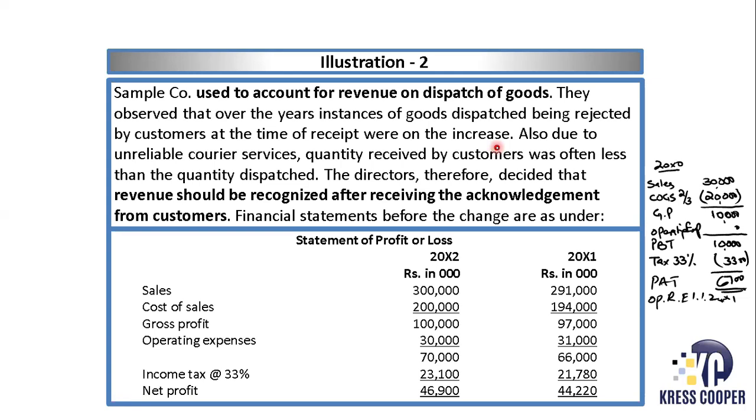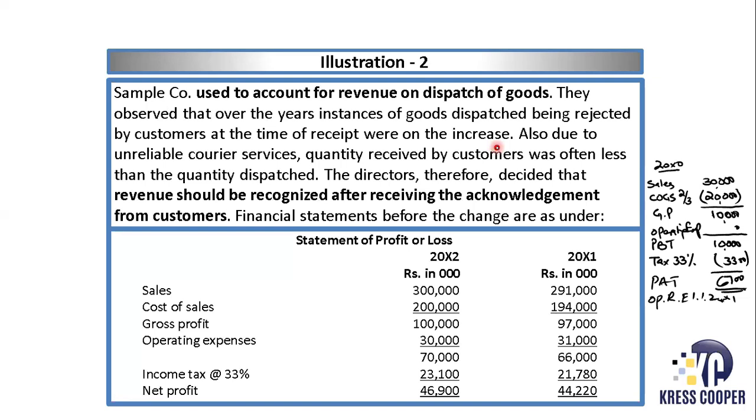So the customers said that no, we will not take control right from your gate. Rather, we will tell you how much quantity and of what quality we have received. Therefore, the control should be passed on to them at the point in time when they acknowledge that this much goods have been received. So obviously, if the goods have been lost on the way or damaged during the transit, those goods would be returned or would not be considered as your sales revenue.